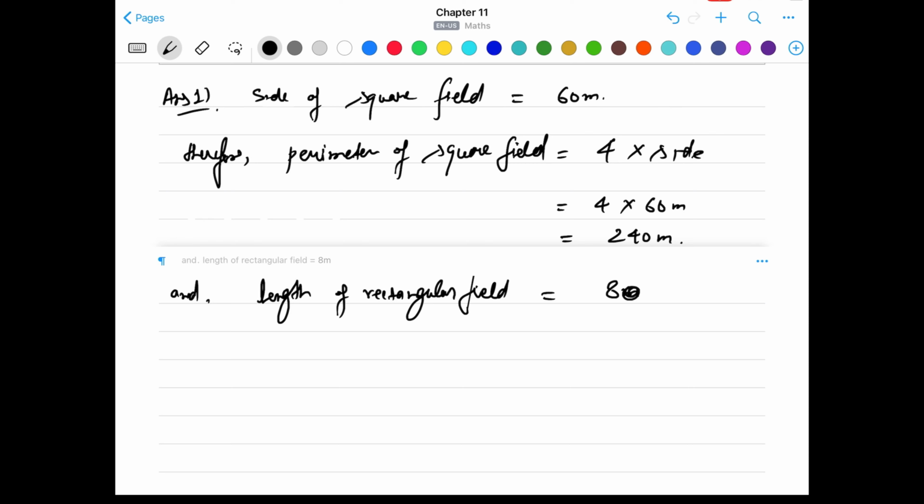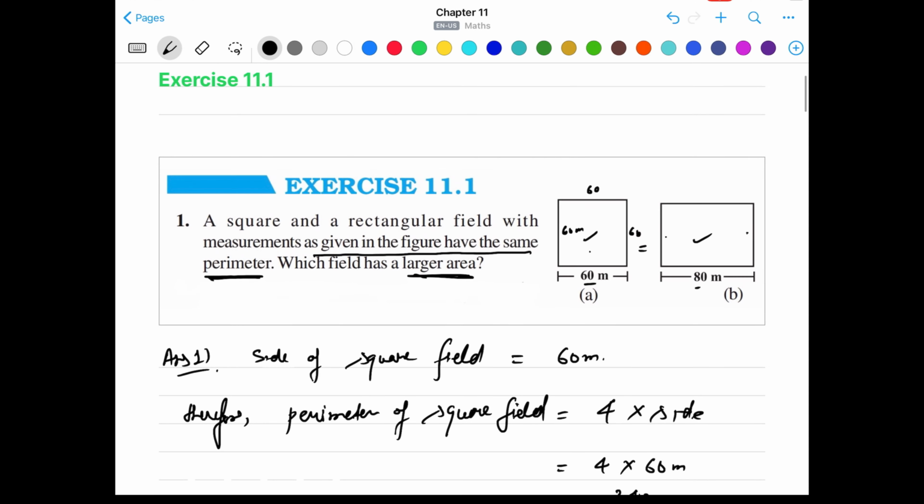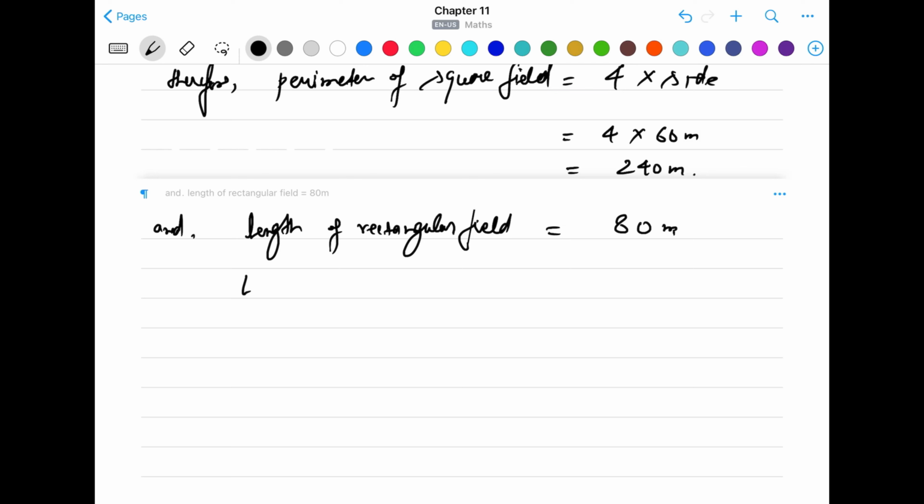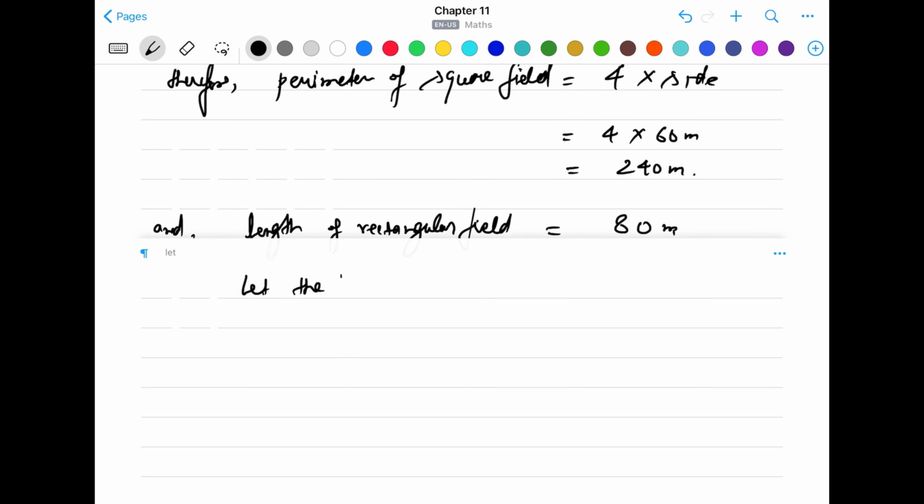But we don't know its breadth, so assuming that to be b. Let the breadth of rectangular field be equal to b meter.